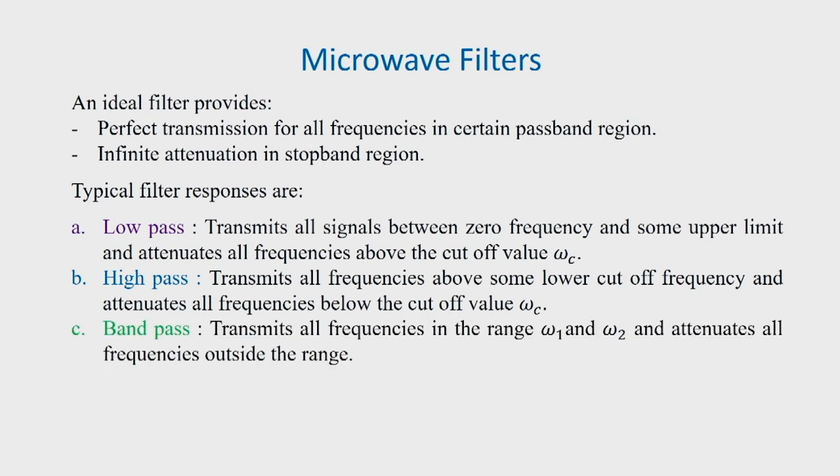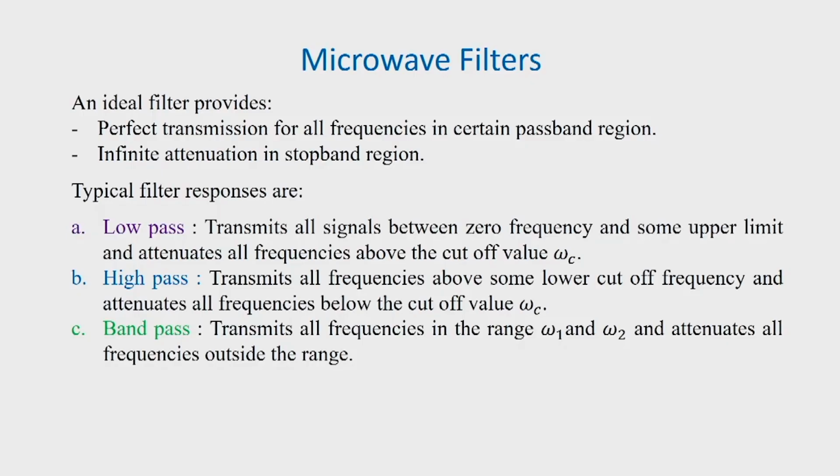A band pass filter transmits all frequencies within a range of two frequencies, omega 1 and omega 2, and attenuates all frequencies outside this range.